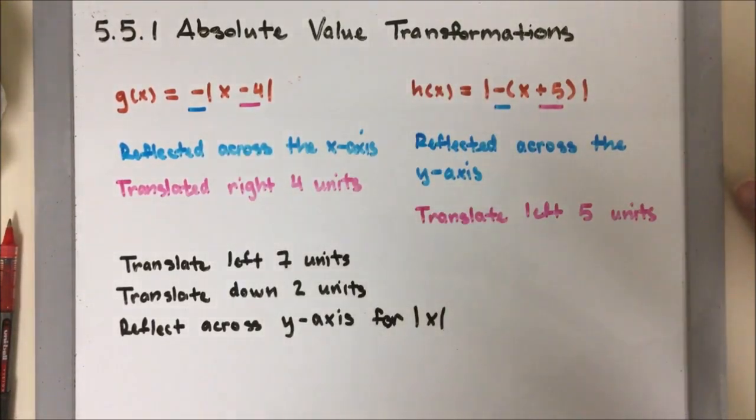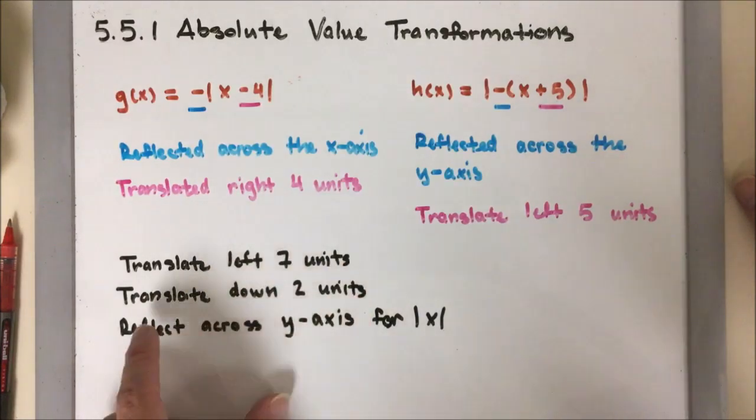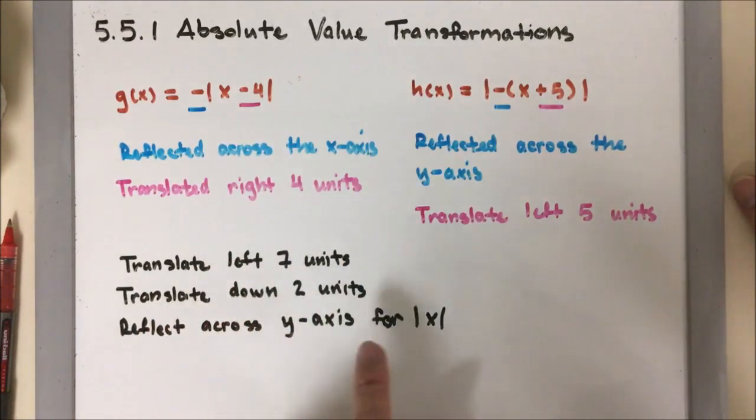So in this next example, say that you were given transformations and now you're asked to write the equation or write the function. So let's talk about the given transformations. The first one says translate left 7 units. The second one is translate down 2 units.